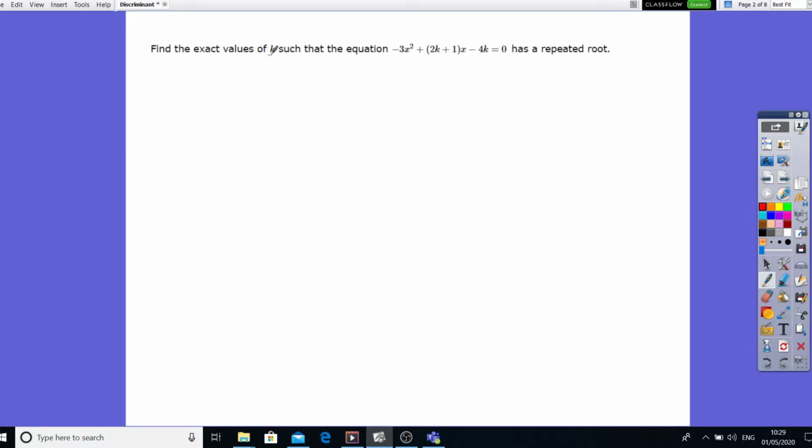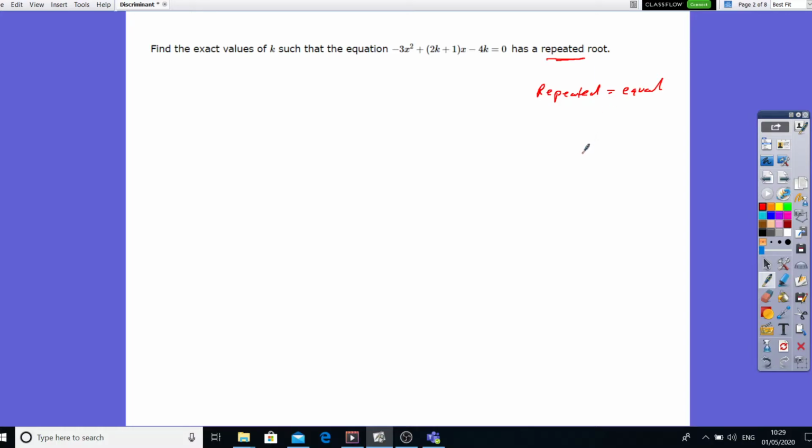Okay, find the exact value of k such that the equation is equal to 0 has repeated roots. Now, repeated roots are the same as equal roots. Okay, so repeated root has the same meaning as equal roots.